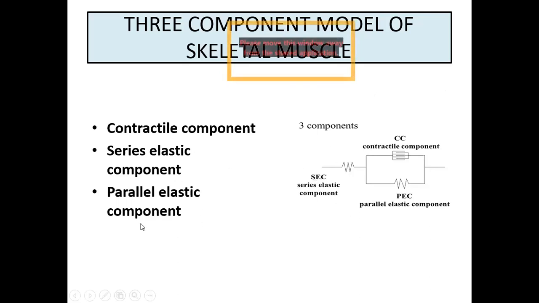Then coming to the third component, which is called the parallel elastic component. The parallel elastic component is represented by the elastic tissue of the muscle, such as the connective tissue, the sarcolemma, and all the other components like endomysium, epimysium, perimysium. All these form the parallel elastic elements.